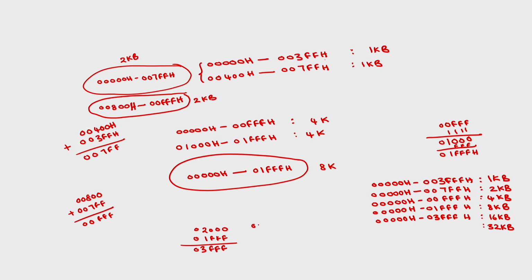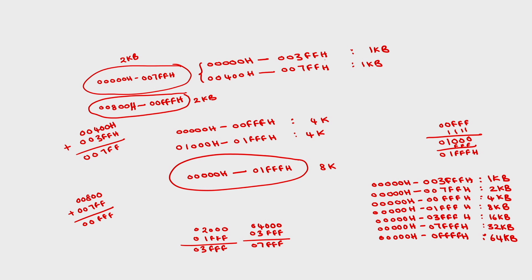And 32K will be: the next one is 04000, to which you add 03FFF. This will be 07FFF. So 00000H to 07FFFH is 32K, and 64 kilobytes, we know 4 Fs, starting with 00000H to 0FFFFH.